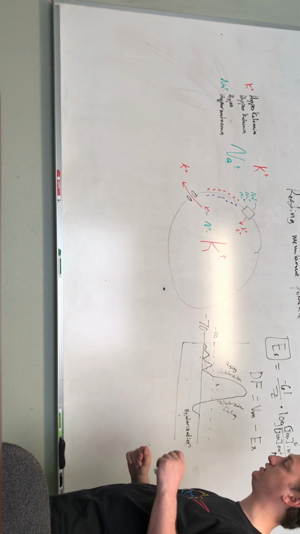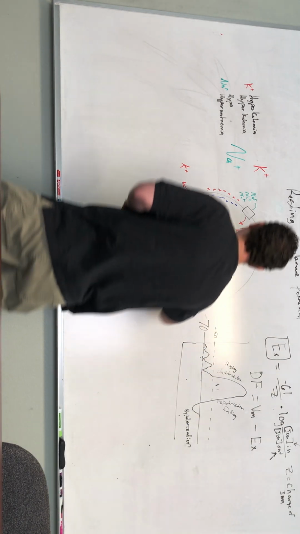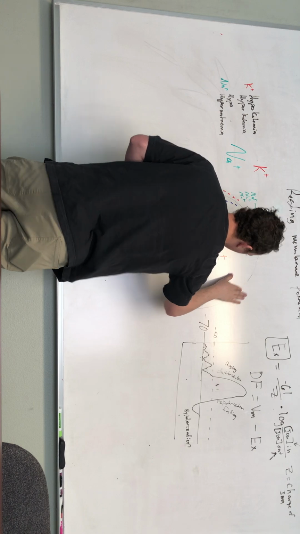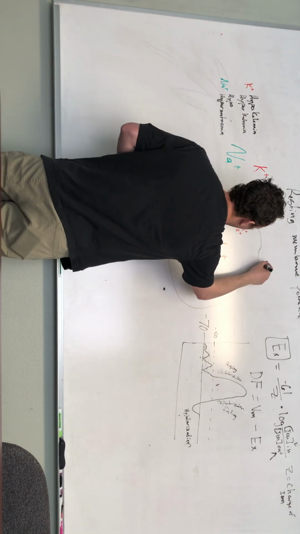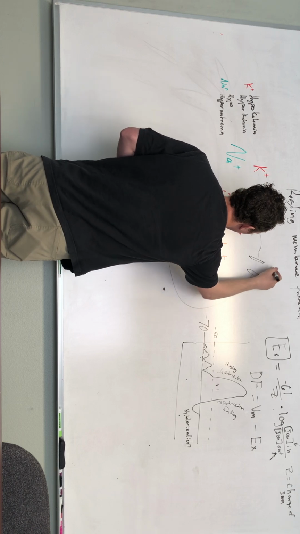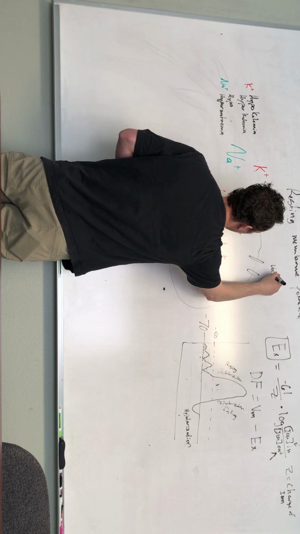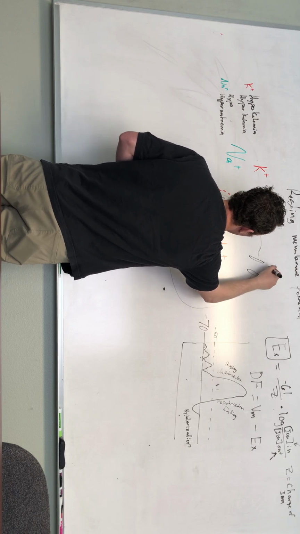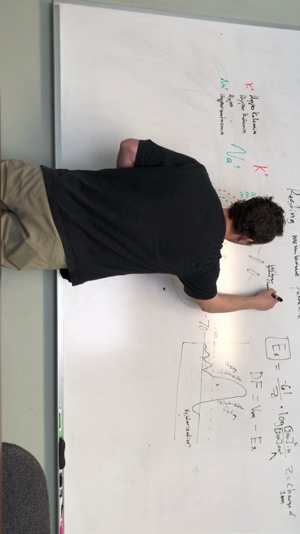So let's start introducing some of the proteins that help an action potential to happen. There's two proteins that we need to talk about, and that is a voltage-gated channel.